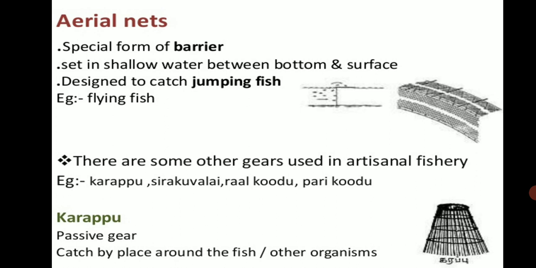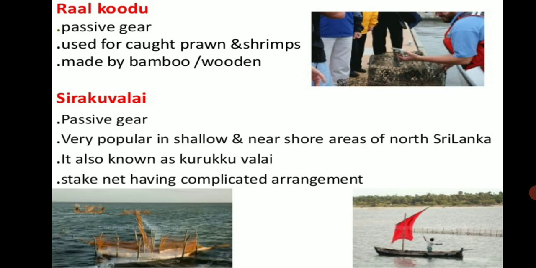Karakapu, Sirakuvalai, Rail Kodu, Pari Kodu. Karakapu, passive gear, catches plaice, fish and other organisms. Rail Kodu, passive gear, used to catch prawn and shrimp, made of bamboo and wood. Sirakuvalai, passive gear, very popular in shore areas of North Sri Lanka.